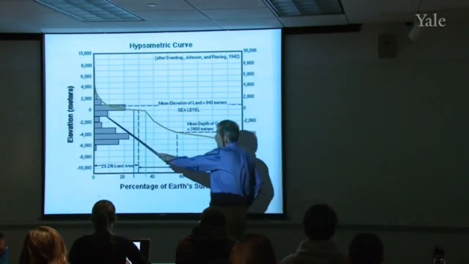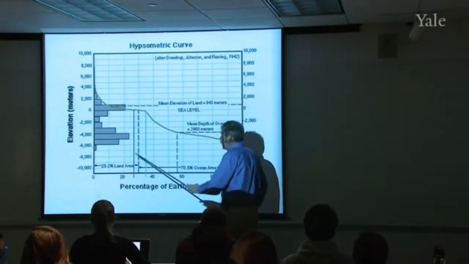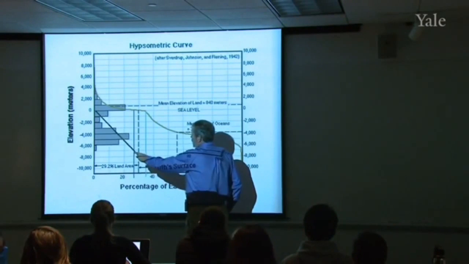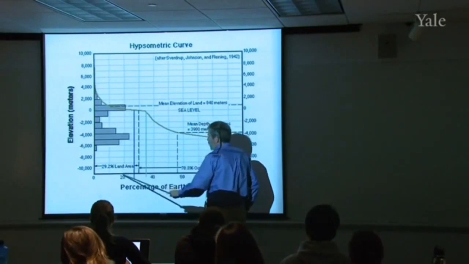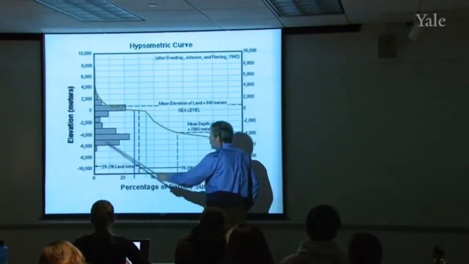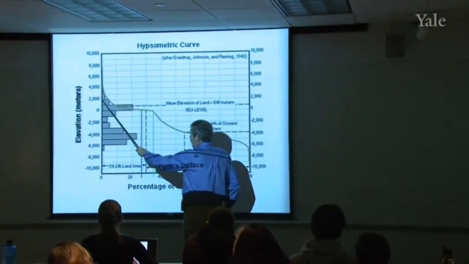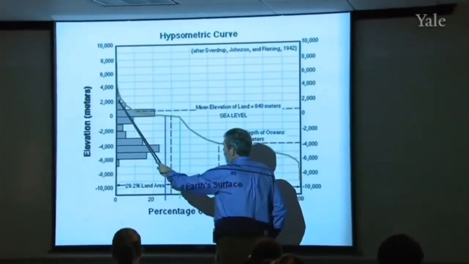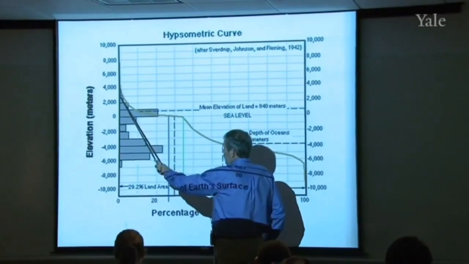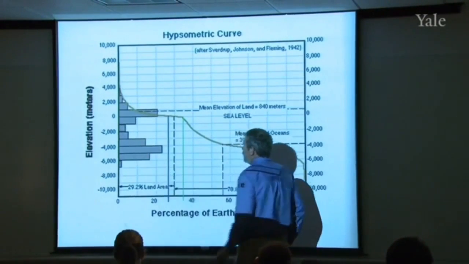What's shown in the bar graph then is the percent of the Earth's surface that lies, for example, between sea level and 1 kilometer above, and it's about 20% of the Earth's surface. Between 1 kilometer and 2 kilometers above sea level, it's about 5%. And you find some parts on the continents that are even higher, even up to 4.